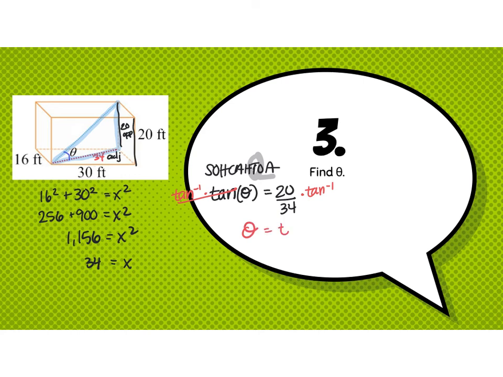On the right, I am finding tan inverse of 20 divided by 34. Remember, in your calculator, you're going to use that tan inverse button, tan to the -1. It's second tan, and you're going to substitute this into the calculator, and it is going to give you our theta, or our angle measure. When we do that, we get theta to equal 30 degrees.